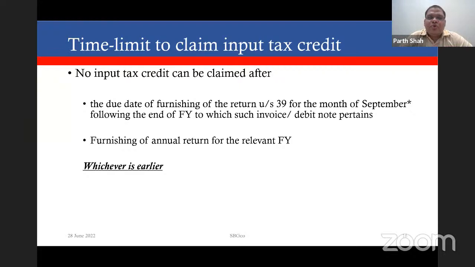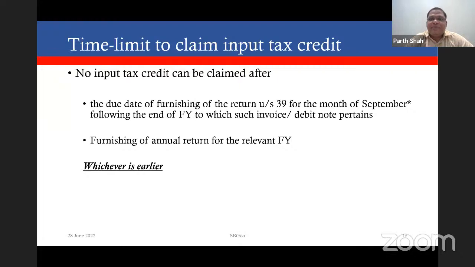I'm not stressing more on the second part of the condition, which is furnishing of the annual return, because that generally comes later, generally in December, so it may not be that relevant here. So please note, for any financial year to which the invoice pertains, the outer time limit to claim input tax credit is 20th October of the next financial year.